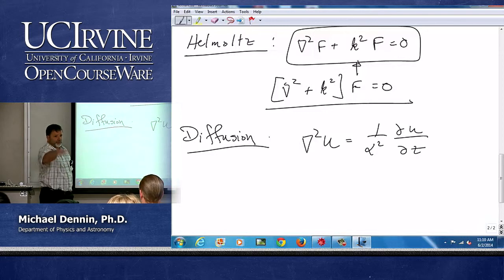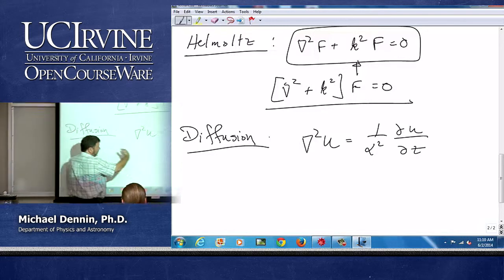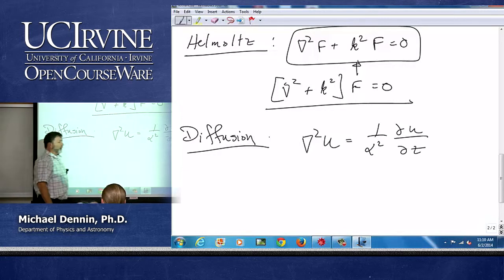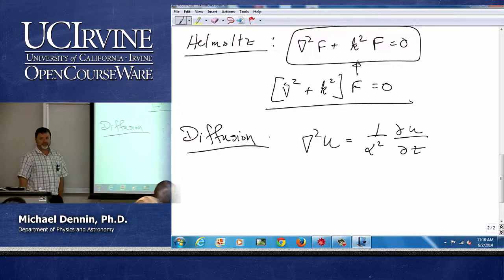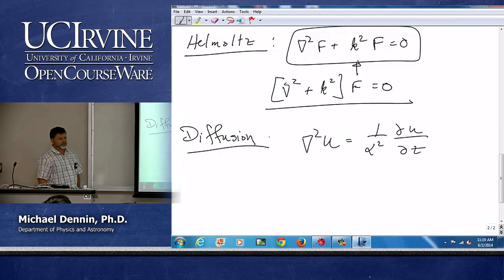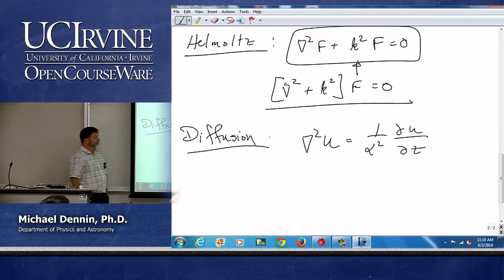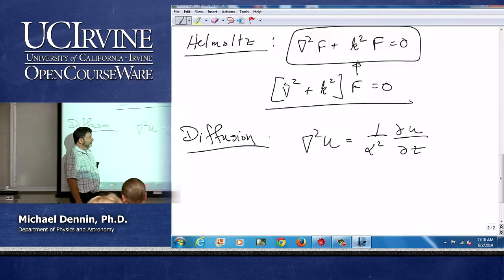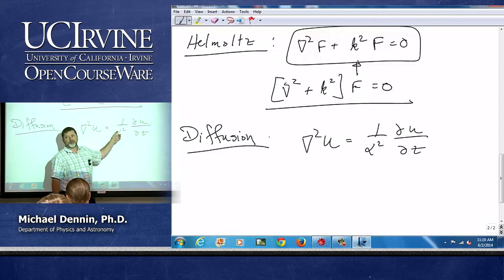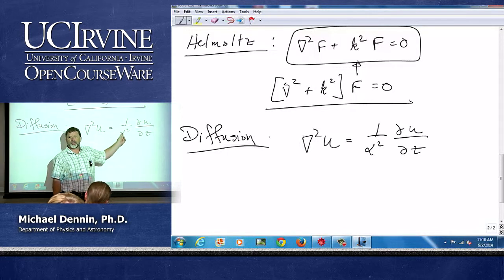Well, that's the physical behavior you get out of it. As an equation, when I look at this, how would I know right away that this is a diffusion equation? It looks like that, but you'll see I'm going to write the wave equation the same way to fool you. But that is a good thing to look at.